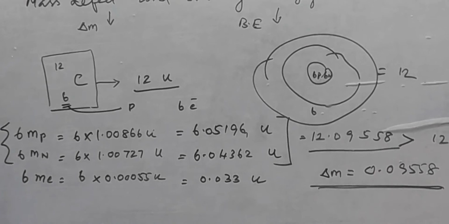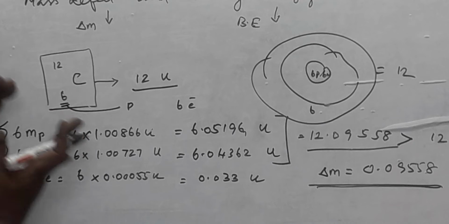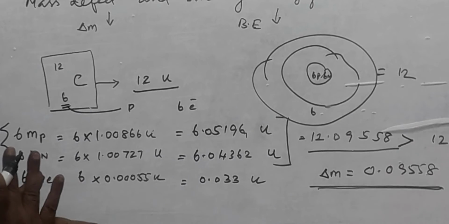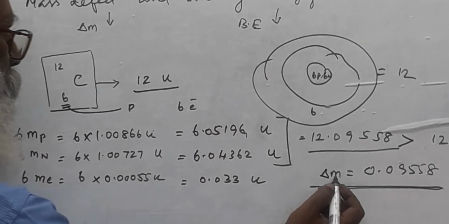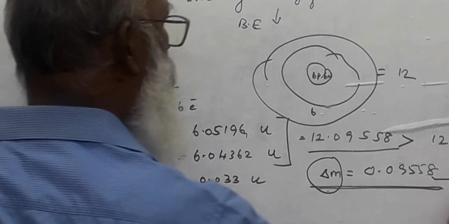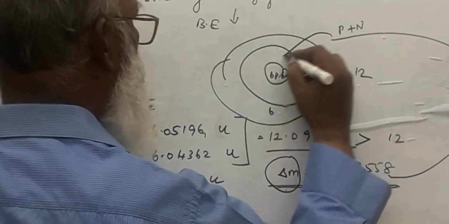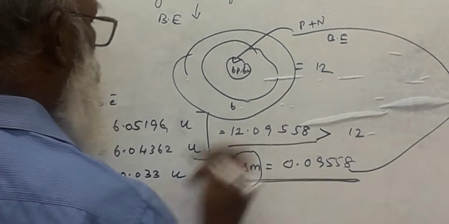This mass defect is essential to bind the proton and neutron together. That's why you have to spend enormous energy to bind the proton and neutron together in the nucleus, and this amount of mass is spent for binding the proton and neutron inside the nucleus, and this energy is called binding energy.